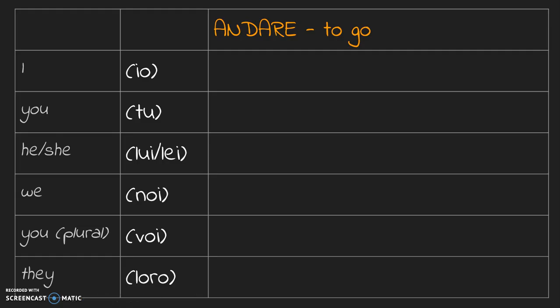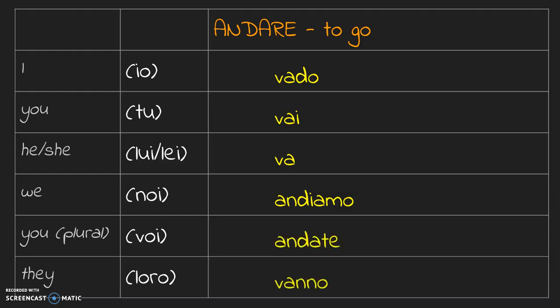Okay, so the verb works like this. We have io vado, tu vai, lui o lei va, noi andiamo, voi andate, and loro vanno. So you can see why the verb is an irregular one, because we have a strange pattern that's happening.